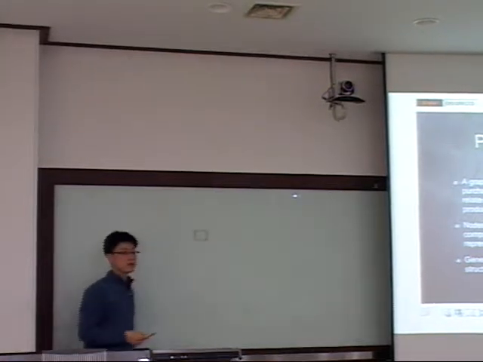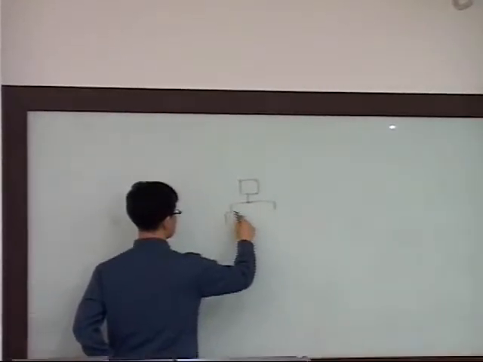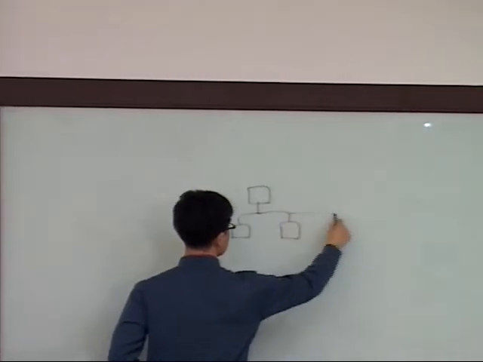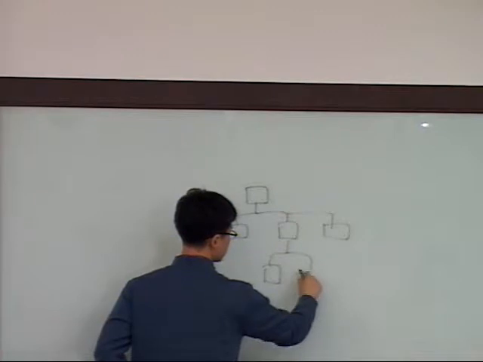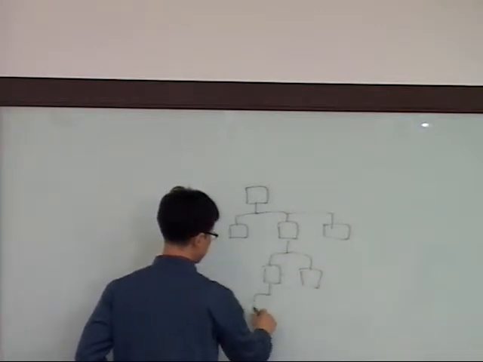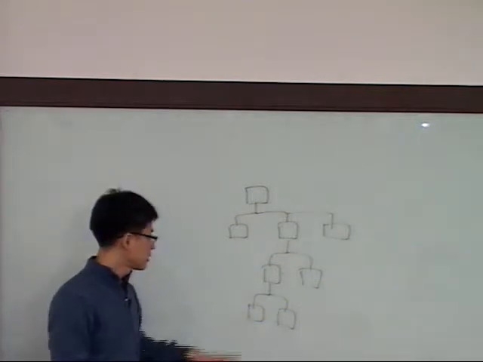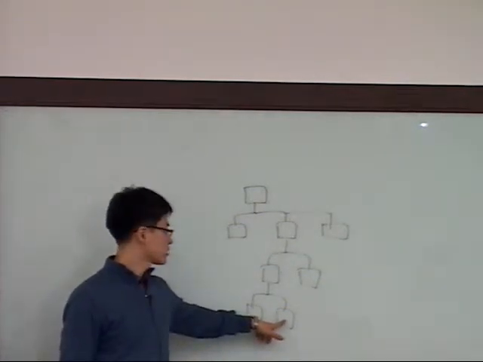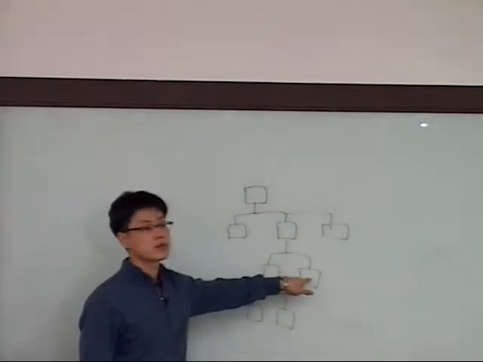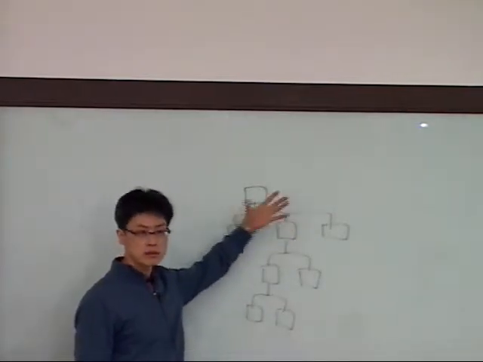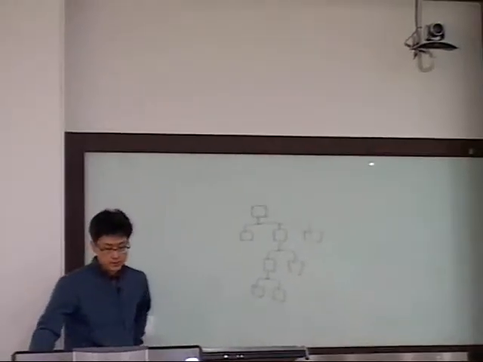Let's say this is your final product and your product would be represented like that. Okay? If this and this are assembled together to make this, and once again, this and this are assembled together to make this, etc. This is the product structure.